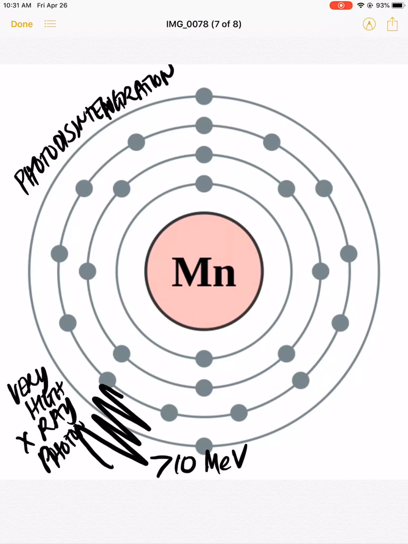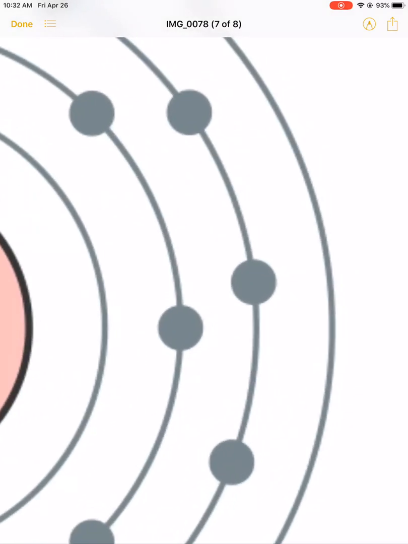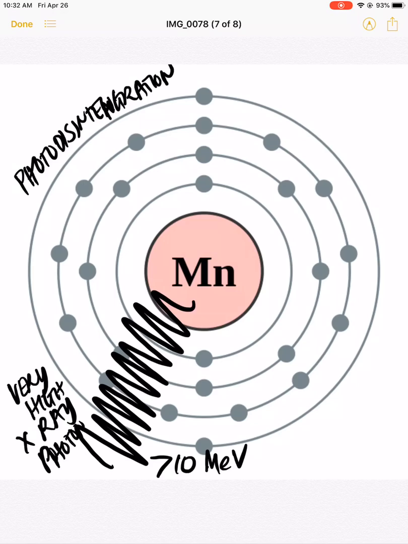So the X-ray photon comes, hits the nucleus, and what it creates is a nuclear fragment. And that is what photodisintegration does.